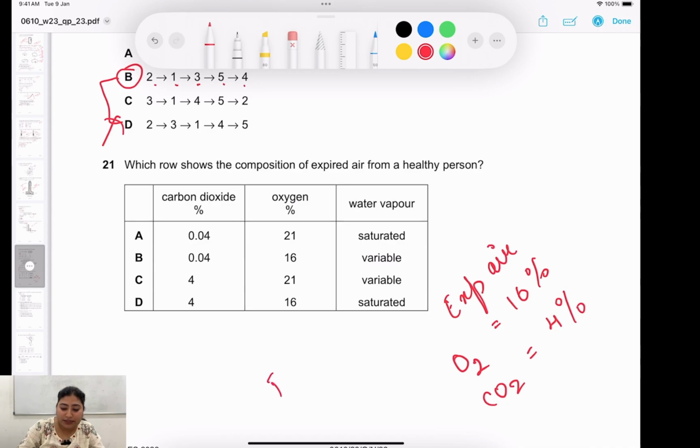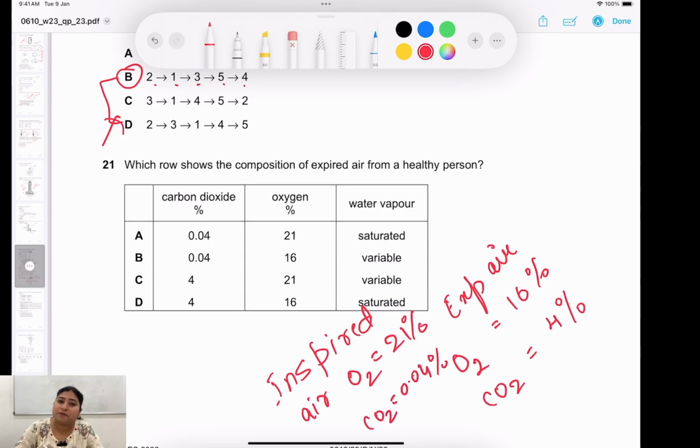And when we talk about inspired air, the oxygen concentration is approximately 21%, and the CO2 concentration here is going to be 0.04%. So as per this knowledge, the suitable answer which seems to be fitting here would be D. CO2 concentration is 4% and oxygen concentration is 16%. The water vapor is saturated. So this is your suitable answer.